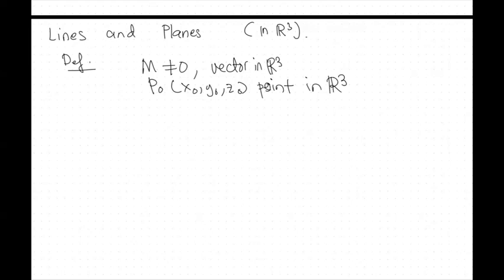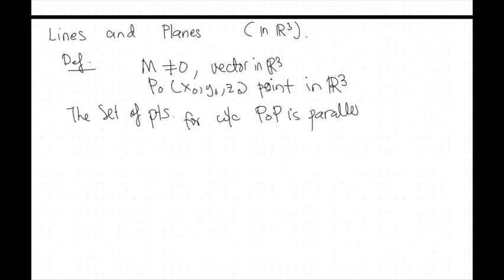Then the equation of the line is given by the set of points for which P0 to P is parallel to M. This is the line through our point P0 in the direction of our M.